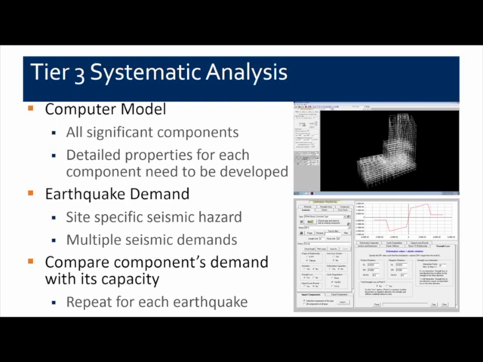And then for each earthquake that you're looking at, you want to compare the component's demands to its capacities, and your allowable capacities would vary depending on what level of performance you're looking at.